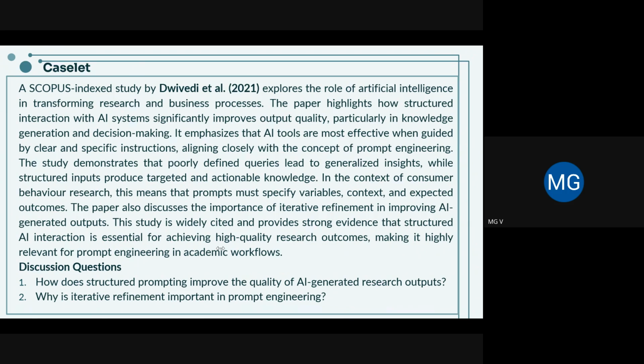It emphasizes that AI tools are most effective when guided by clear and specific instructions, aligning closely with the concept of prompt engineering. This study demonstrates that poorly defined queries lead to generalized insights, whereas structured inputs produce targeted and actionable knowledge.